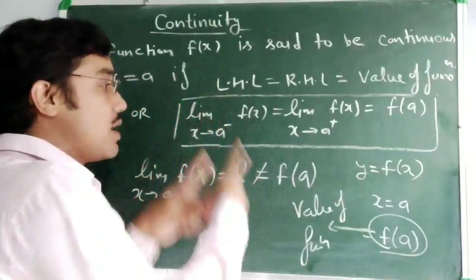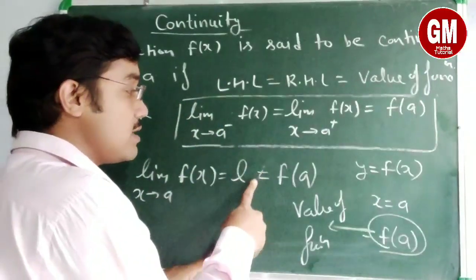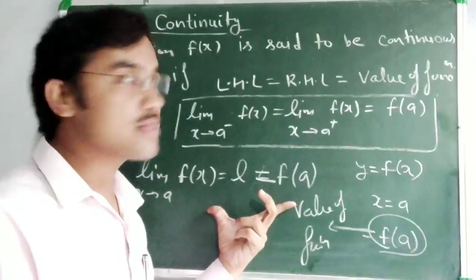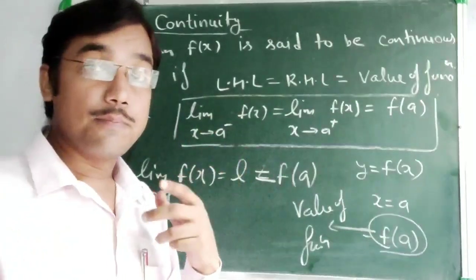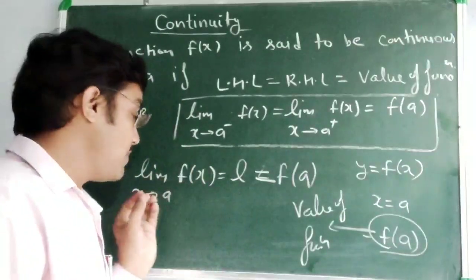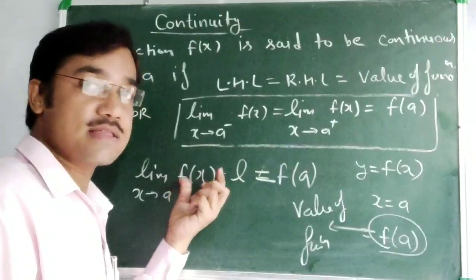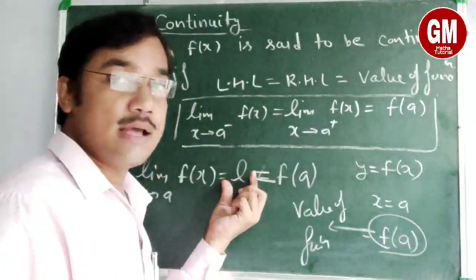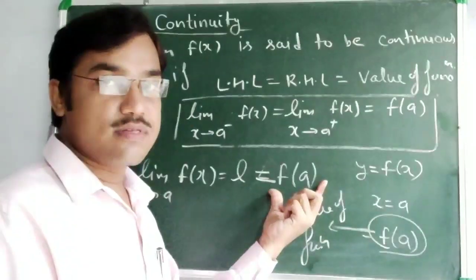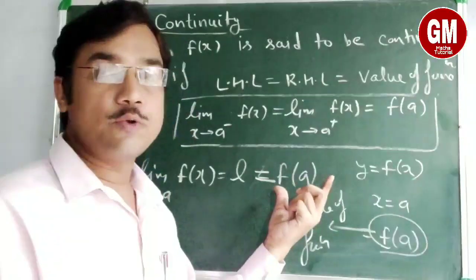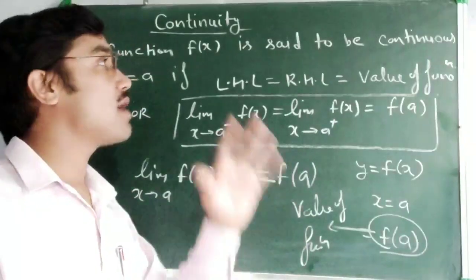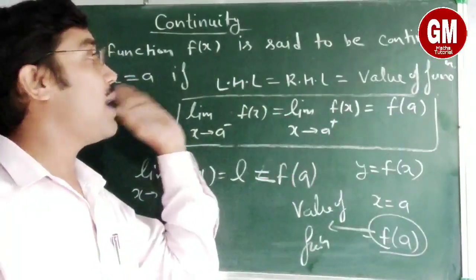But in the case of continuity, when this limit L is equal to the value of the function, then we say the function is continuous. That is, if as x tends to a, f(x) tends to the limit L which is exactly equal to f(a), not approximately, then the function is continuous at this particular point.